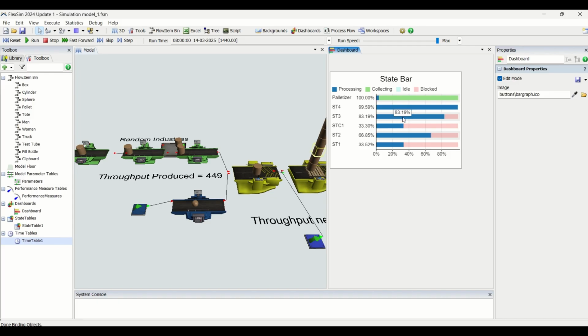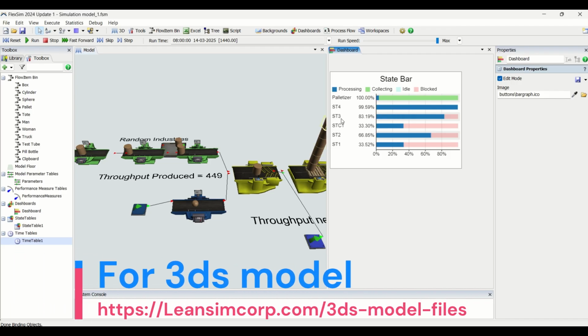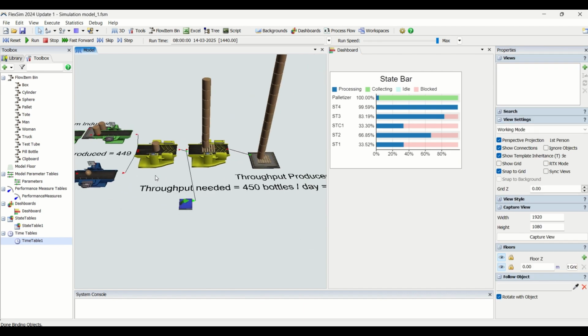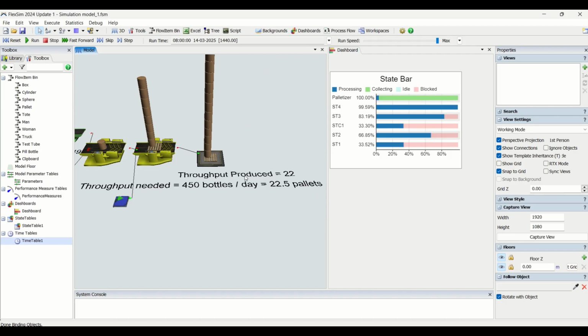So now what we have identified is that our ST3 is not a bottleneck. Now we are getting 449 pieces per day and our target was 450 bottles per day. We are almost at 22 pallets.